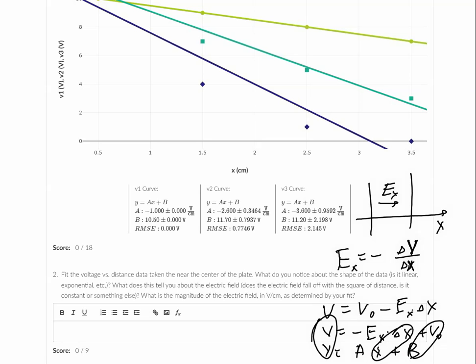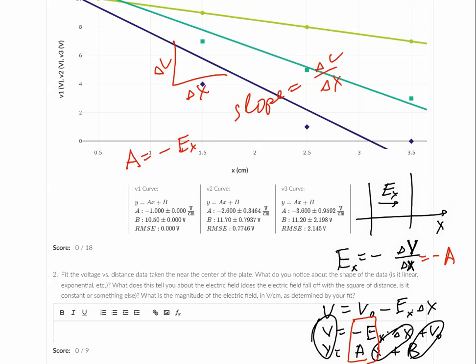And now, if you continue your comparison, only now you can make a statement, yeah, this A and the x component are related. A actually is the slope, rise over run, slope, delta V over delta X, and of course you can see it's going to be negative, which is a good thing, because your x component for electric field should be positive.